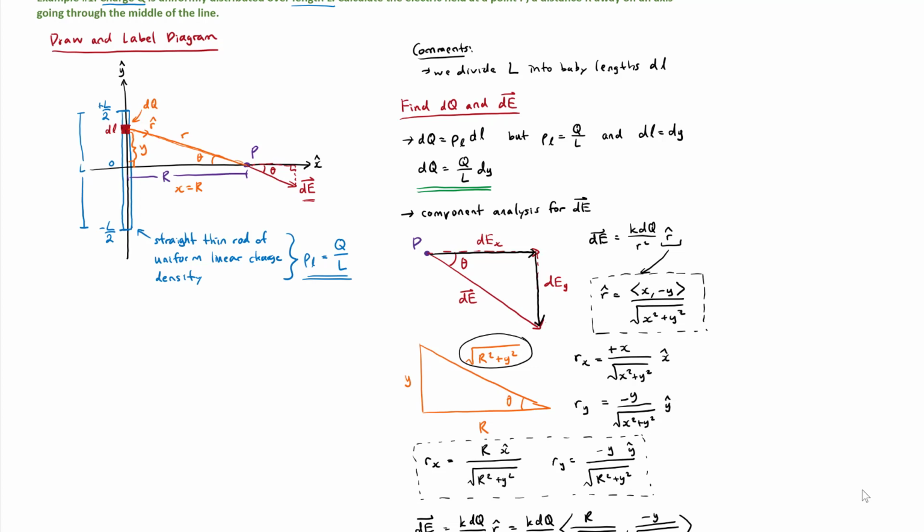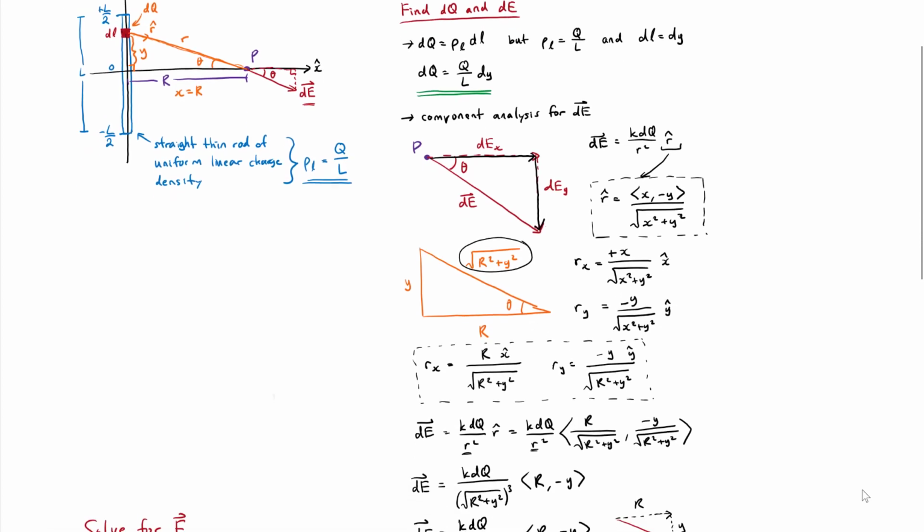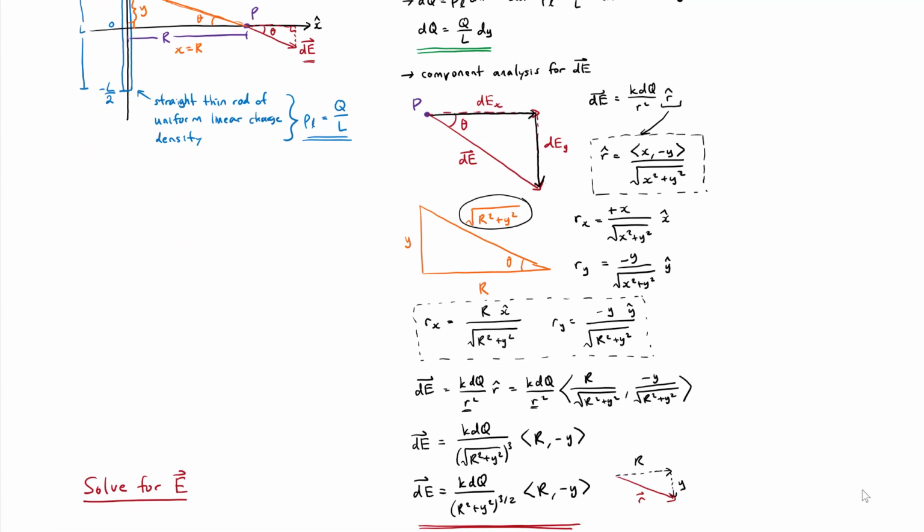It's going to be a positive contribution from everything above 0 to L over 2 affecting point P, and there's going to be a negative contribution from 0 to negative L over 2 affecting point P. So to me, it seems like all of the forces from above and below are going to cancel out. So that means if we calculate the integral of dEy, it should come out to be 0.